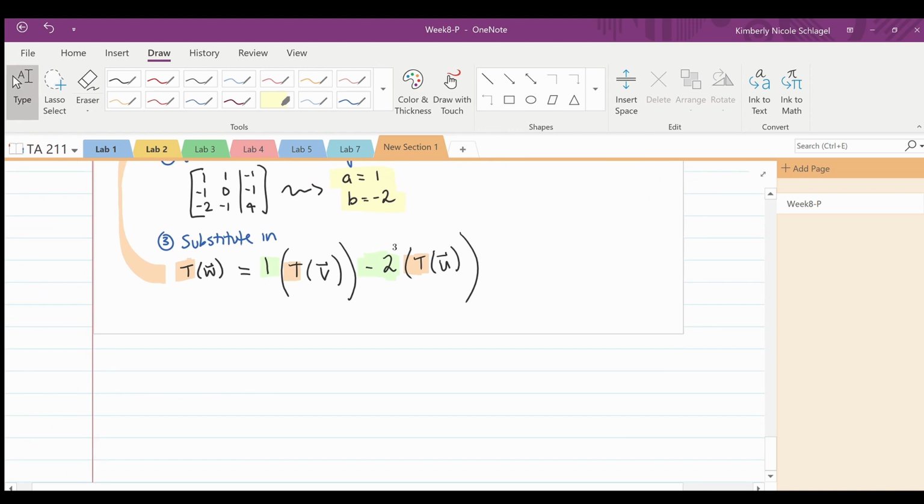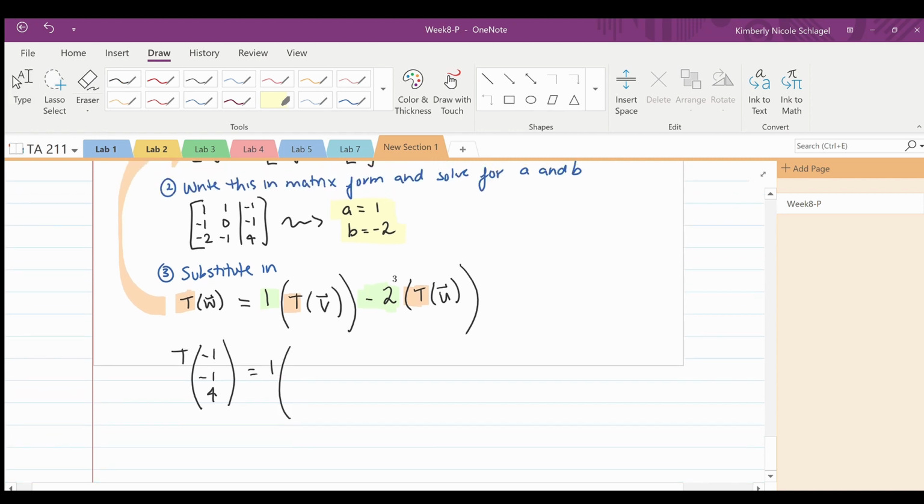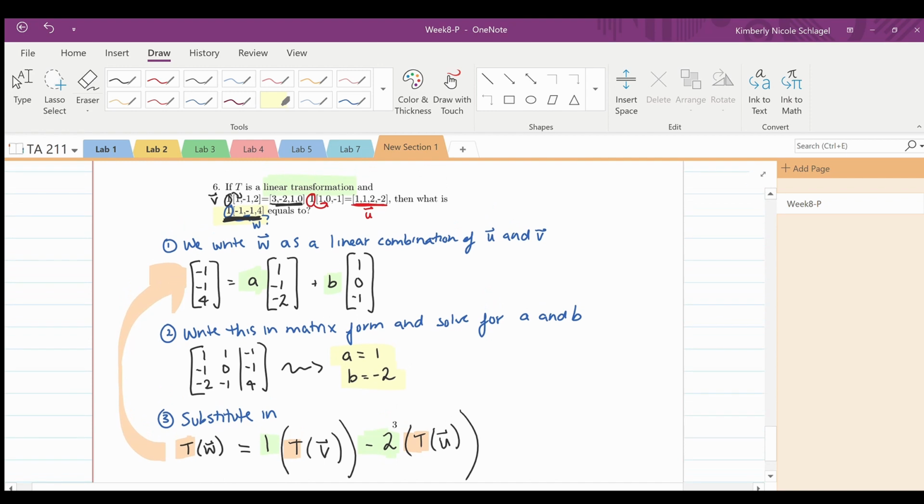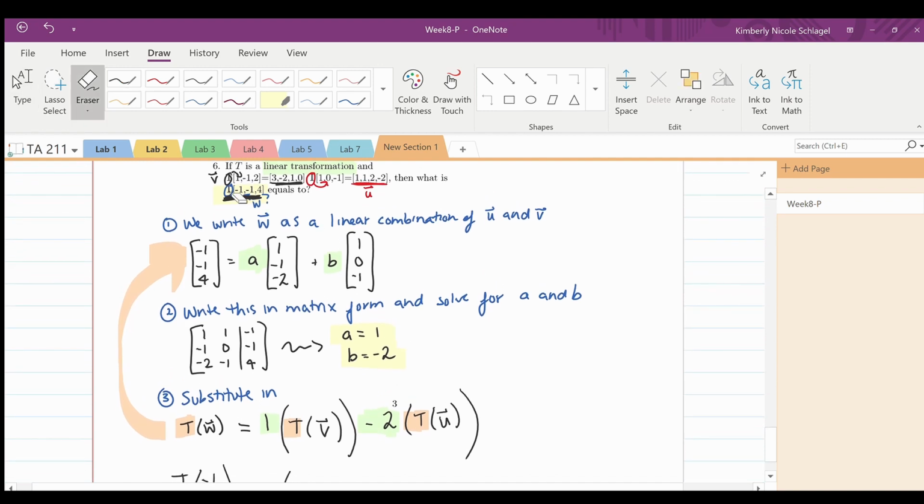So now I can replace my vectors in here if I want to. I can write -1, -1, and 4 equals 1 times... Now, if we look up again, I'm going to erase some of this because it's blocking the way.